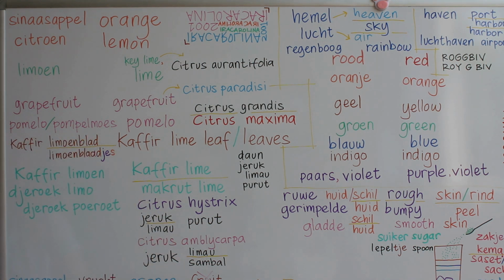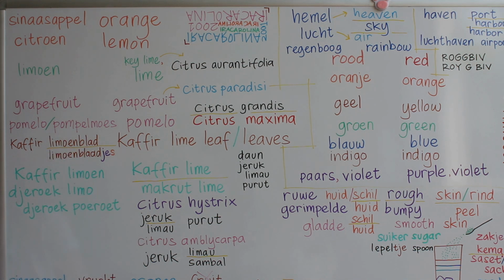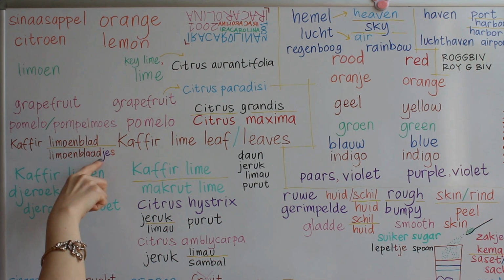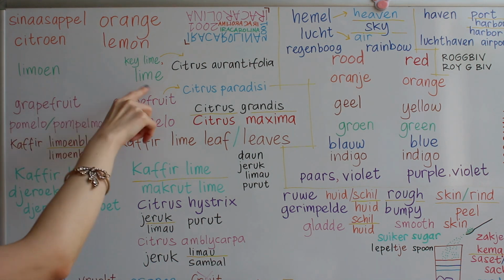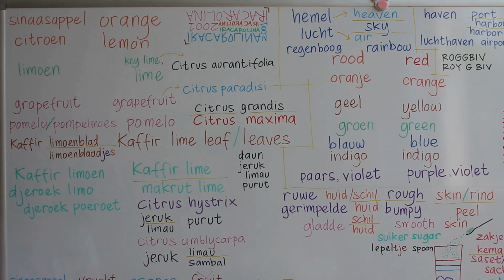The Dutch word for this is Kaffir limun blad, or Kaffir limun bladje, or limun bladjes. Limun is from lime, limun, and blad is leaf.